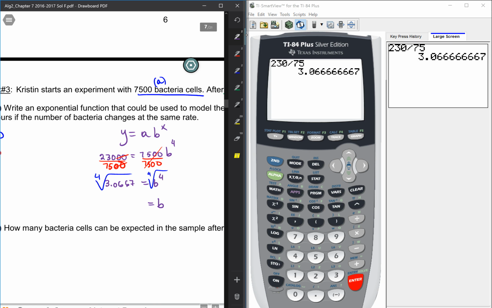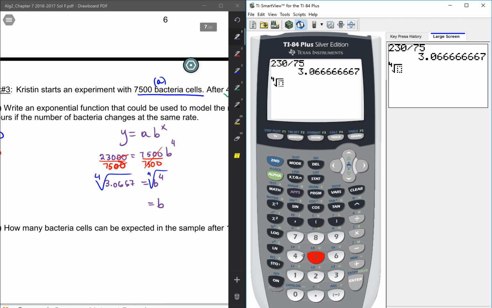Now, I'm not going to type in 3.066666 because that'll give me a rounding error, especially with exponential functions. You might think you're not going to get an answer that's really off, but man, will you get an answer that's really off. So we do second answer. Okay? So it's second and that negative symbol. What that does is it just inputs the last answer automatically, and when you press enter, that's what we get.